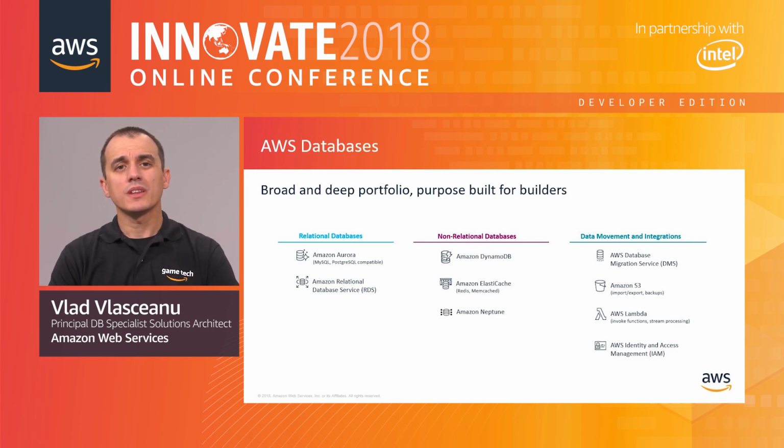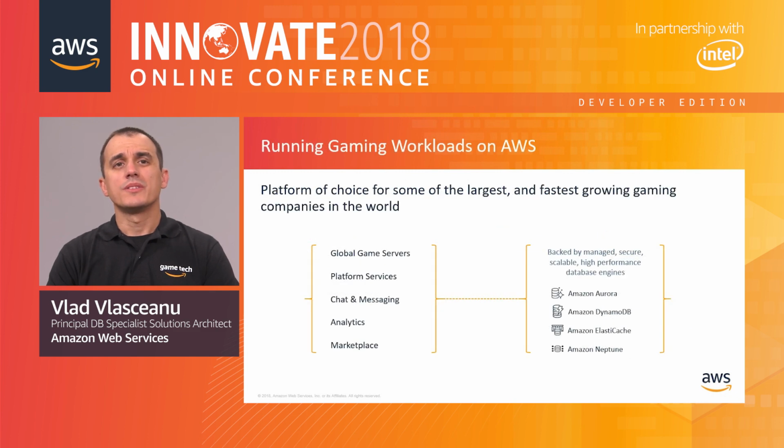They also have one thing that is not in common. They are all fit for specific use cases. They're built and optimized to do certain types of data interactions really well. And the AWS platform is the reason why the largest and fastest growing gaming companies pick AWS.